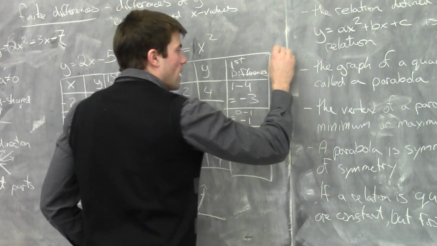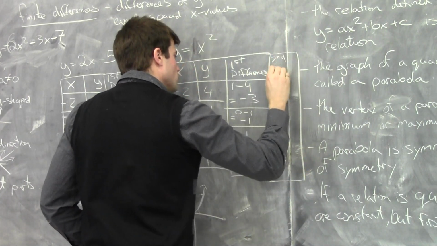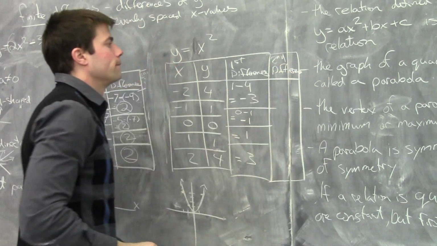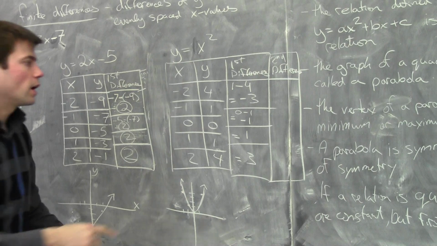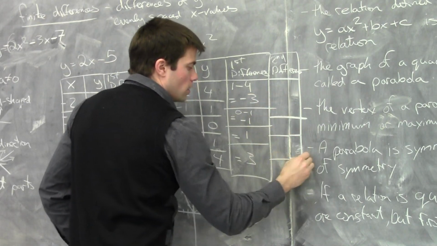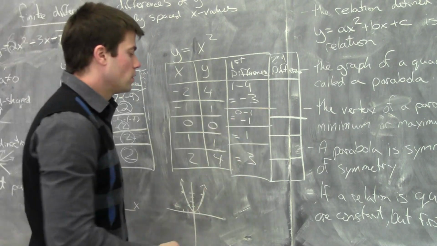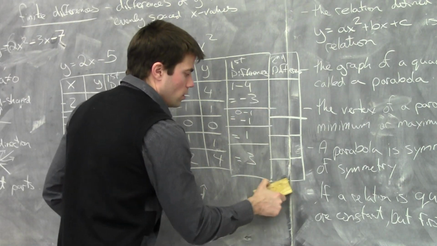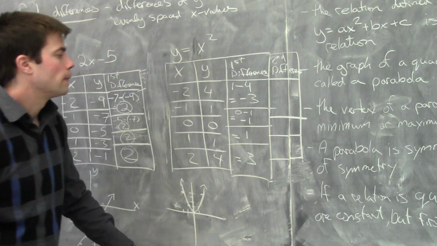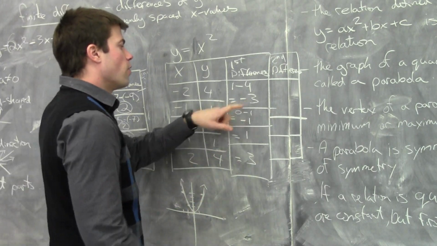So if that happens, you then need to check your second differences. Again, I'm going to draw the new blank in the middle between the other lines. So this line is in the middle. Now I want the difference between negative 1 and negative 3.